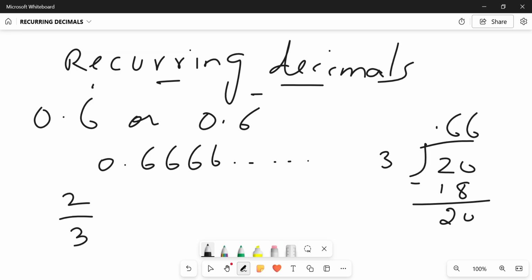Then again 3 6s are 18. Then 2. So it is recurring. It keeps coming like 6 6 6 6 6 and so on. So the fraction form is 2 over 3 and the decimal is 0.6666, and since it's recurring, I need to put a dot above this 6. So this is the example of recurring.